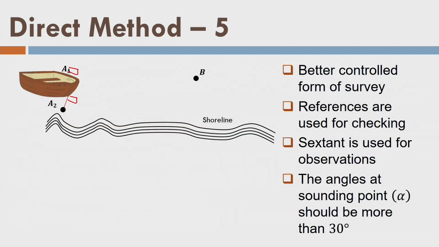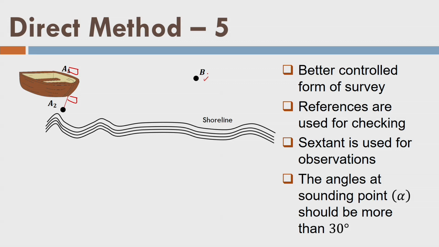Okay, so direct method 5. We have seen a method in the previous slides where we measure some angle from point B. That means I put the total station or theodolite at point B and observe from there. Now understand, why can't I take the observations from the boat itself?